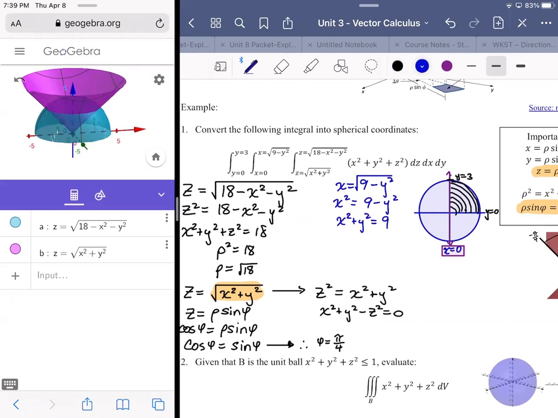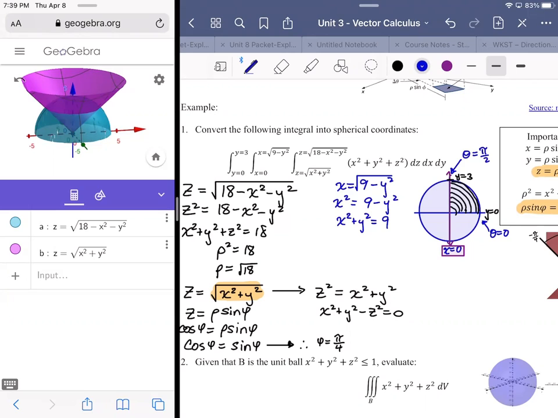Our theta is only going to go from a value of 0 to a value of pi over 2, right? Based off of those restrictions. So that's what my theta is going to be. So now I have bounds for my phi. I have bounds for my theta.